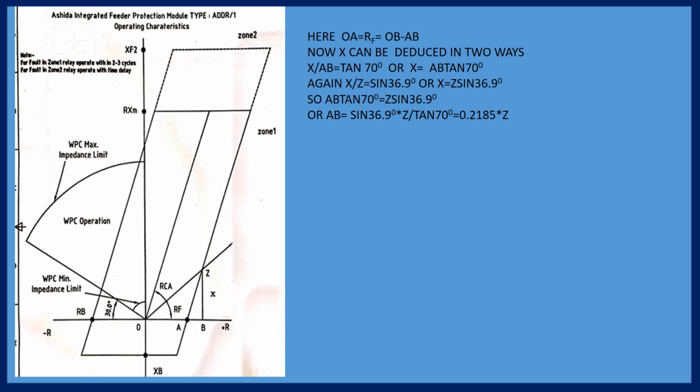So X, the perpendicular, divided by hypotenuse Z. X by Z is equal to sine 36.9 degree. From here, if you equate the two, both are X, then AB is coming out as 0.2185 into Z. So in this way, they have calculated the forward resistance, and from that the backward resistance. Clear? Okay, friends.